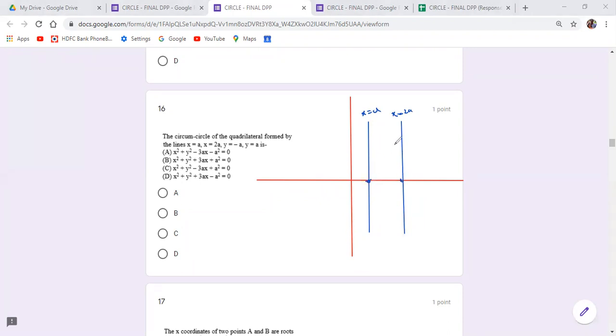Then y is equal to minus a, and y is equal to a. What are you asked to find? The circumcircle of the quadrilateral formed by these lines. So what will be the equation of the circle? Like this, you can form a circle.